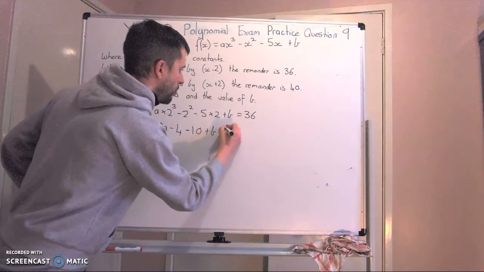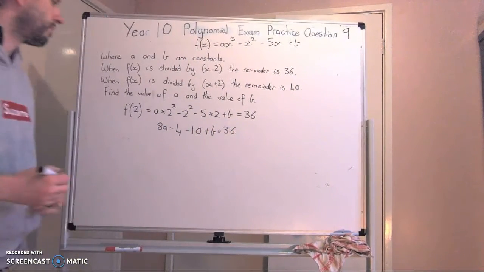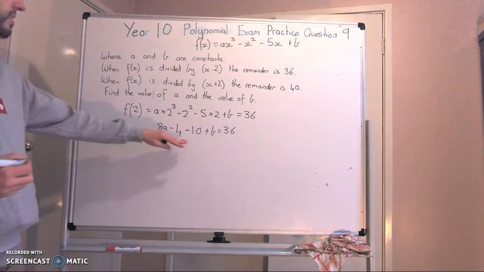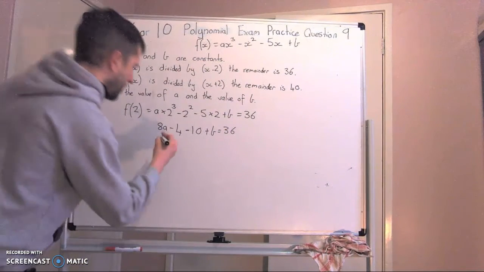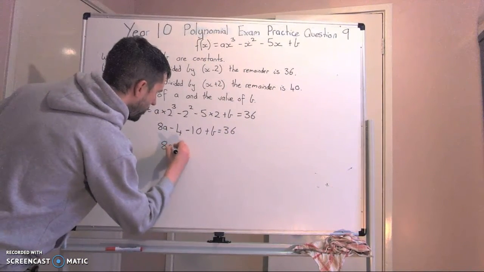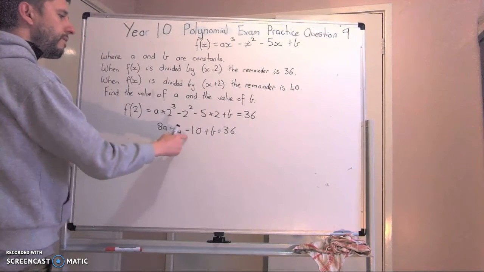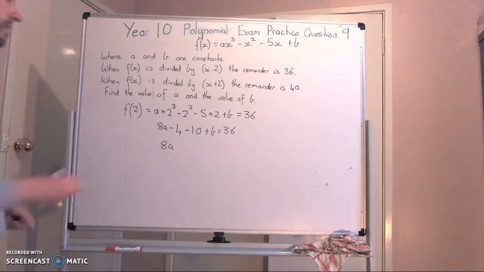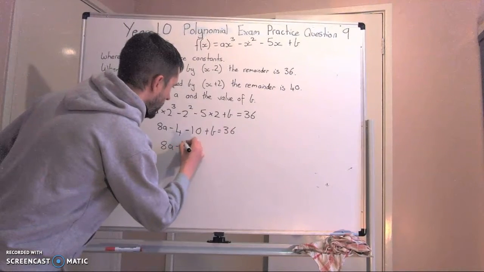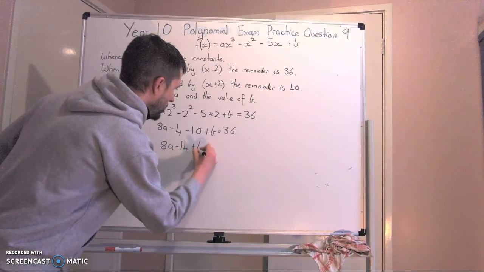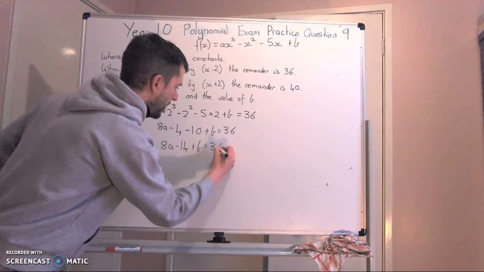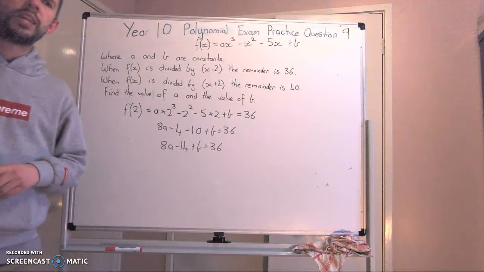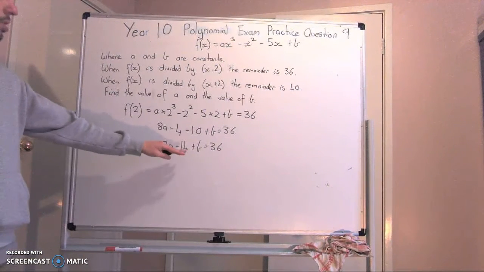Plus b equals 36. I can simplify this. So that gives me 8a, negative 4 take away 10 is negative 14, plus b equals 36.